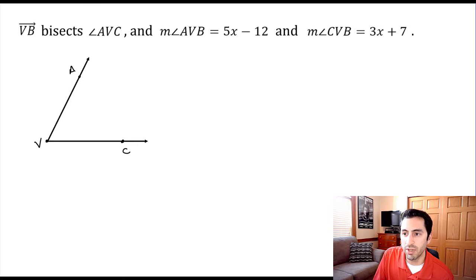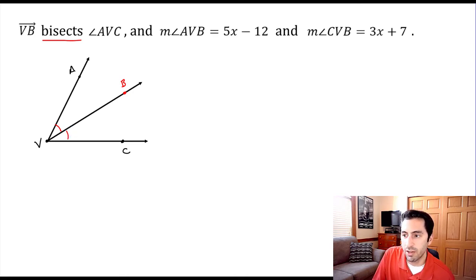And then the other piece we're given is it says VB bisects, so this is the important word here, VB bisects this angle. So that means we have another ray going right down the middle, and somewhere on that ray is going to be this other point, B. Okay, and because it's bisecting, I know that the two halves are congruent to each other.